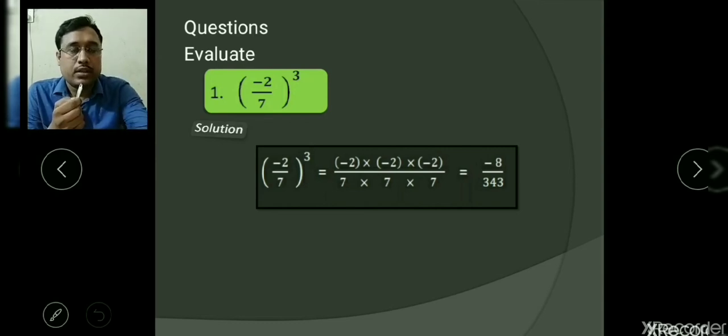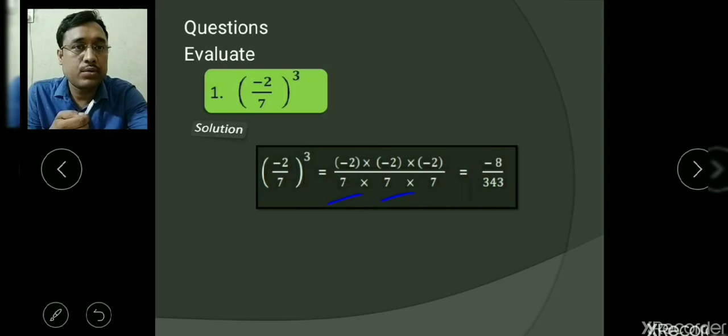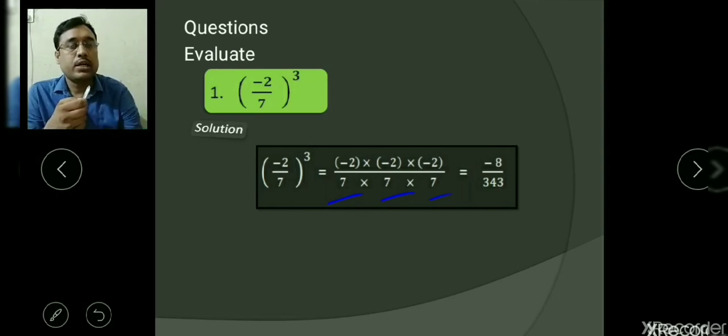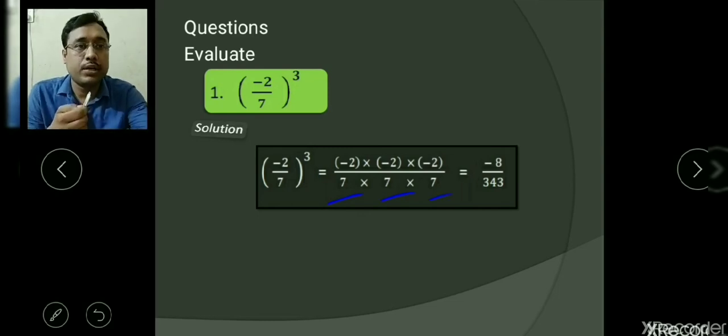Okay. The exponent is telling us how many times the base will be multiplied. So the power 3 you will take on the denominator 7 also. So that will be 7 into 7 into 7. So the result is 343 at the denominator. The denominator's product we write at the denominator, and the numerator's product we write in the numerator, that is minus 8.